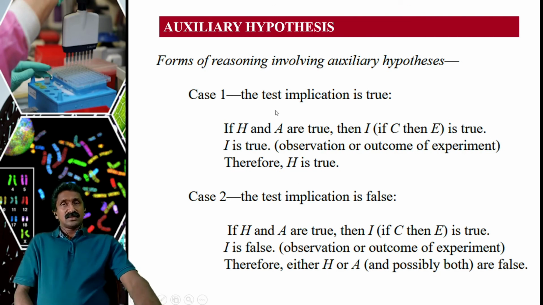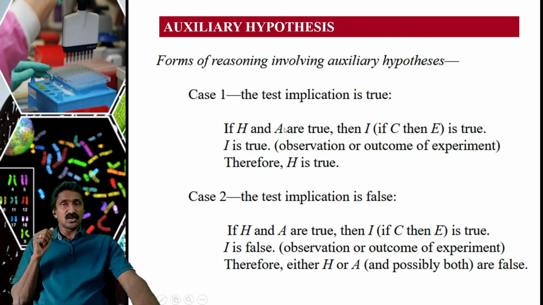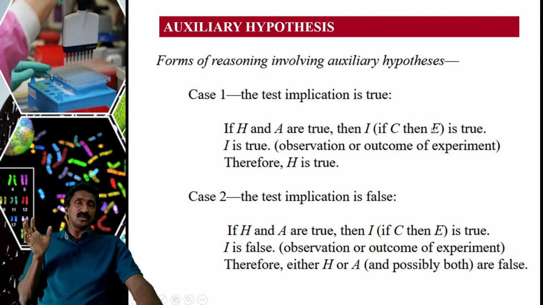And in that case, you can reason something like this. In case 1, where H is true, that is if it is caused by an infectious matter and that matter is destroyed by chlorinated lime, if both are true, then I, the outcome or result, is true. That is, the child is saved from infection if the handlers were washing their hands with chlorinated lime.